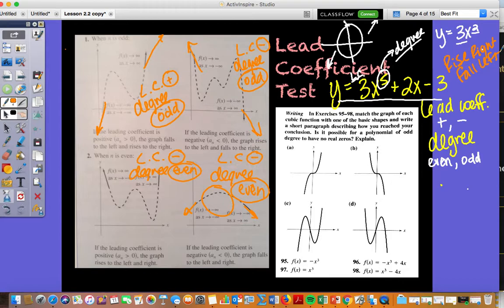Do you start getting the idea a little bit? You've just got to feel it out. What I would do is put this on the note card for Tuesday. Put the rules on there. When the lead coefficient is positive and the degree is odd, what happens, and so on and so forth. Just get the rules down so we can continue to be familiar with it.